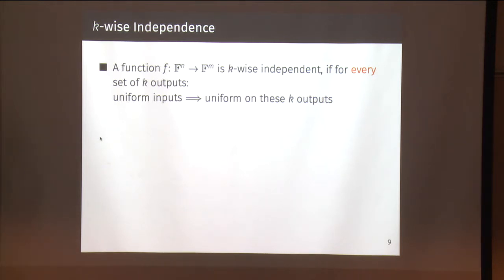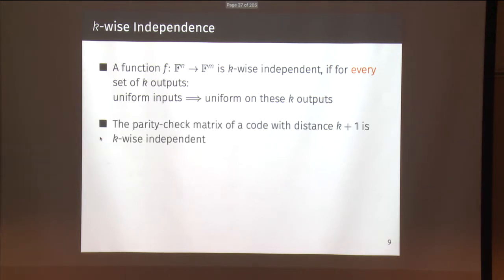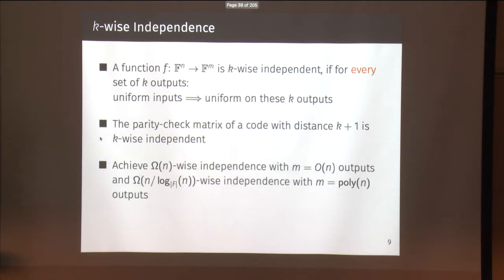And we have many constructions of k-wise independent functions. For example, another definition of a linear error correcting code is one whose parity check matrix is k-wise independent. So you can take just any error correcting code, and its parity check matrix gives you a linear function which is k-wise independent. In particular, if you take the best known codes, for a linear number of outputs you can achieve linear wise independence.